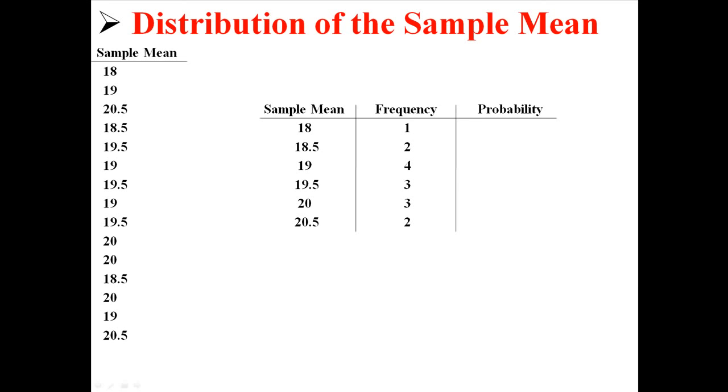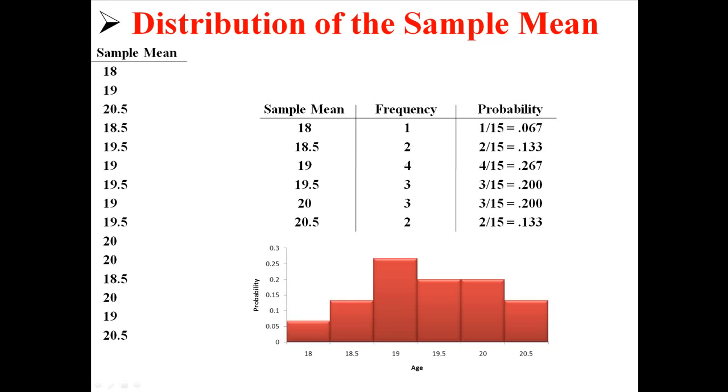So if you add up all those frequencies, you'll find that they add up to 15. We have 15 total sample means, and that's how I'm going to find the probability. I'm just going to divide the frequency by the total number of observations we have. So again, you can still see that the most likely thing is a 19 and the least likely thing is an 18.